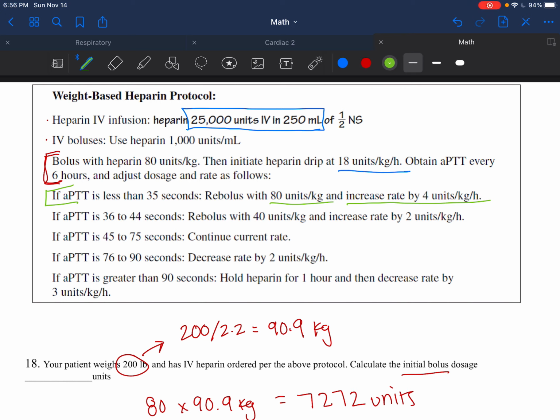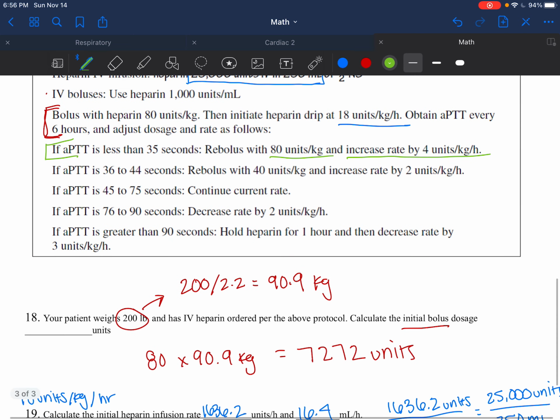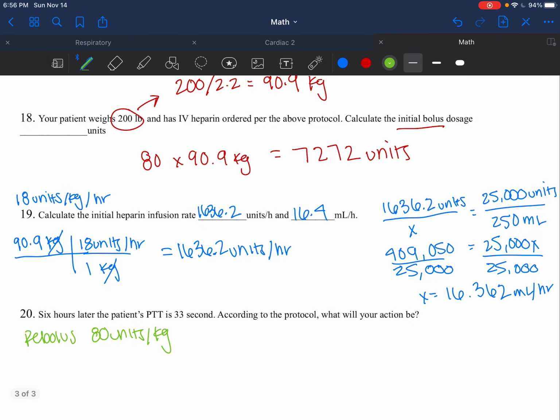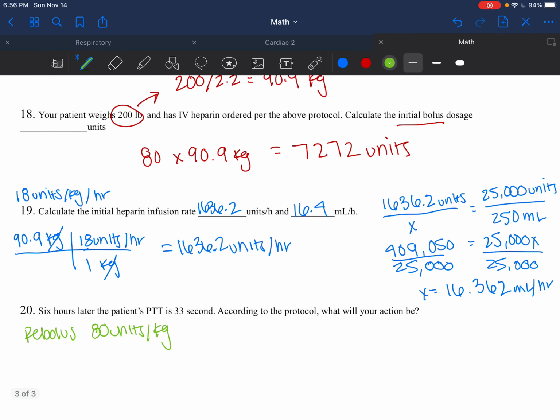So first, I want to know how many units we're going to rebolus them with. Rebolus with 80 units per kilogram. We already calculated up here that our patient's weight is 90.9 kilograms, and all we have to do is multiply it by 80 again.